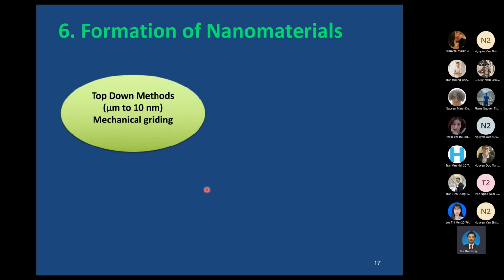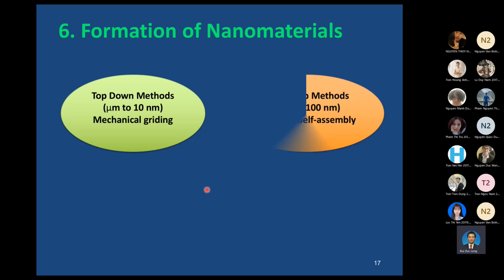So for formation of nanomaterial, we have two approaches: top-down methods and bottom-up methods. Top-down methods scale down from micro to about 10 nanometer, and bottom-up methods are synthesis or assembly from molecules to a cluster, so the particle size of material synthesized by these methods can be in a range of 1 to 100 nanometer.